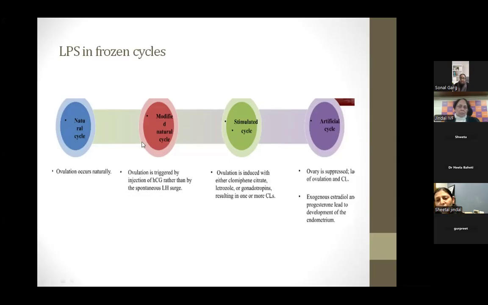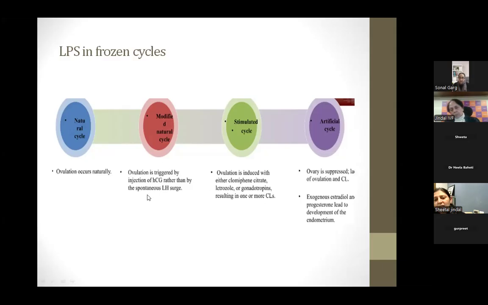Or we can do it in the modified natural cycle where we are giving external agents for ovulation to occur, and then the trigger is given in the form of HCG rather than the spontaneous LH surge. This is basically the stimulated cycle, in which you are using external agents.